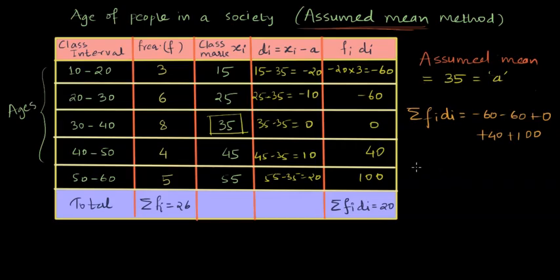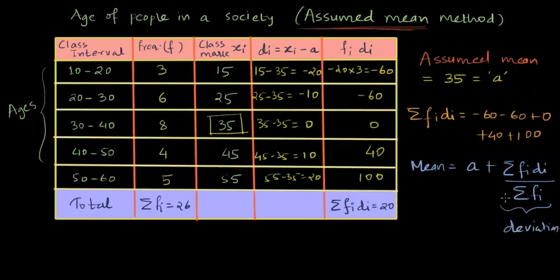Now I am ready to find the mean from assumed mean method. So the mean is found as A, which is the assumed mean, plus summation fi di divided by summation fi. So basically we are adding some deviation term to the assumed mean from the data that we have.